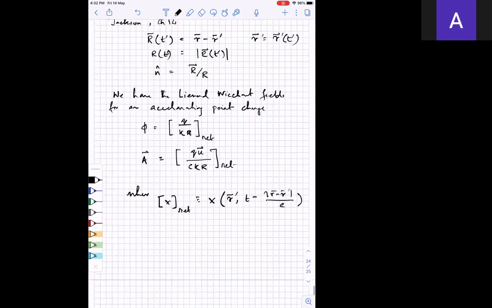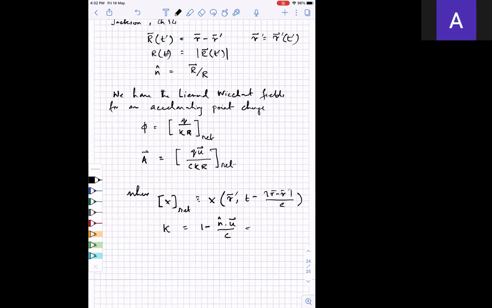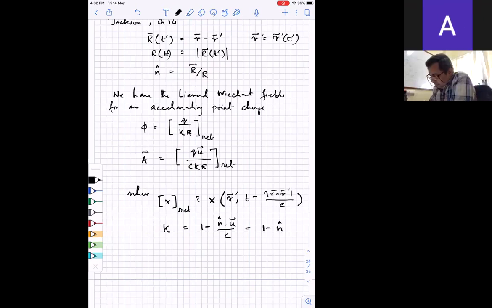And kappa is defined as basically an angle. So kappa is equal to 1 minus n cap dot u by c, or we can think of u by c as beta, so 1 minus n cap dot beta. This is the notation in which most of Jackson or other books are written.